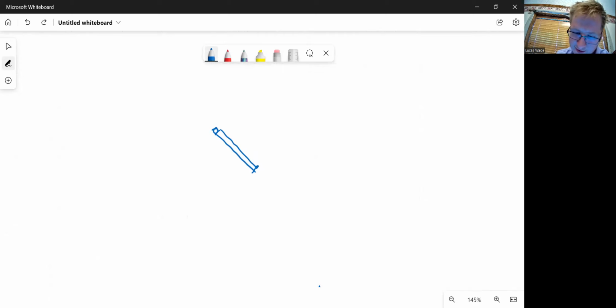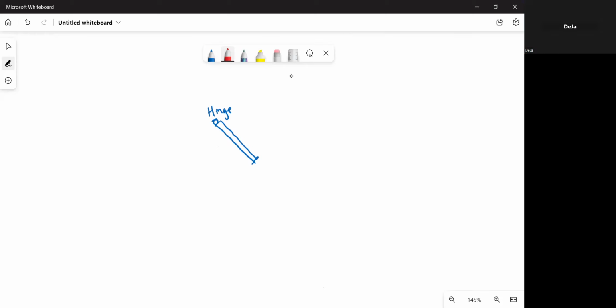So this is a top-down view of a door. You've got a hinge right there. And everyone's seeing this whiteboard, right? Yes, no, maybe, yes. Okay. All right.